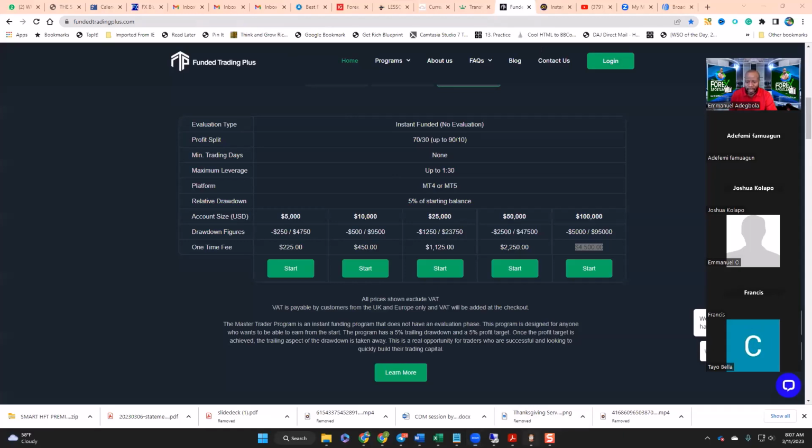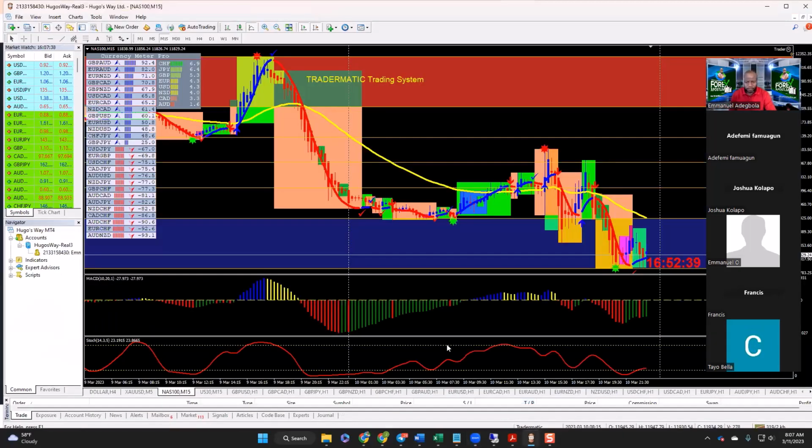So let me, for instance, like this, if you look at this now, based on stochastic will tell you that, okay, this is oversold, right? Anything from here, like right here, this is oversold. So you are not expected to sell from here because you'll be expecting the markets to return.